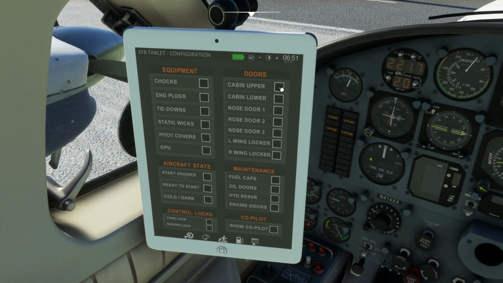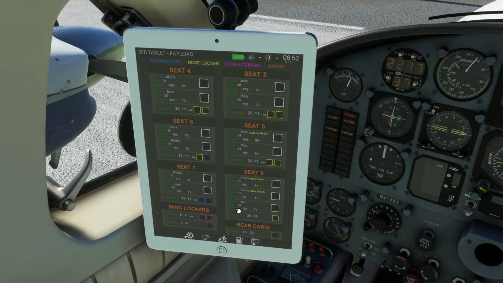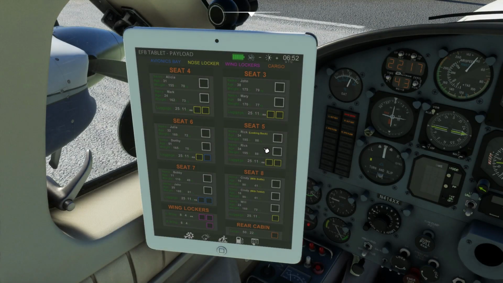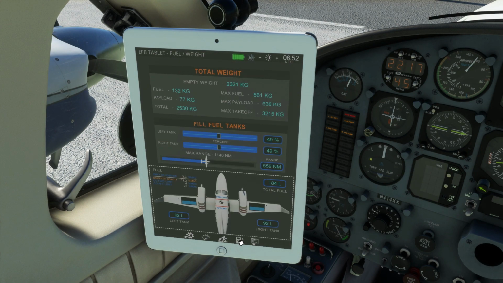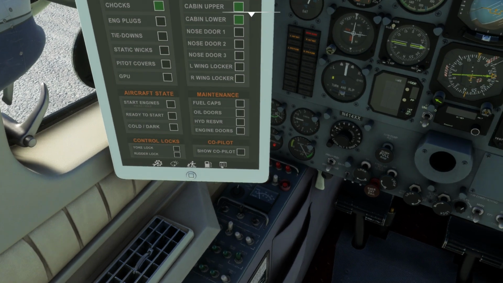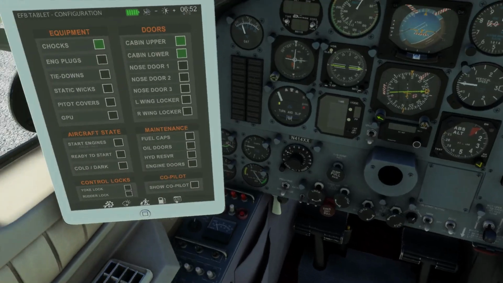So upper and lower, passengers can get their luggage and get off the aircraft. Okay, and we can put the chocks in, take off the brake, stop the lights, and stop the entire electrical system.